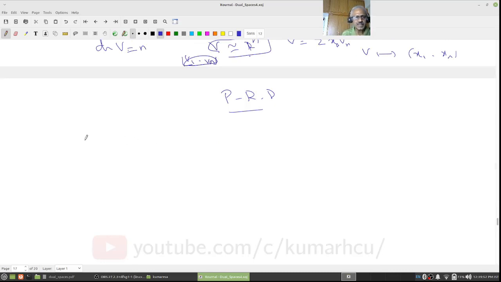Okay, the next thing I want to talk about is the so-called natural pairing. I just now bombarded you with a very technical word, natural isomorphism, because I'm sure if you are a student at a good institute or university, your teacher would have shown that to you.